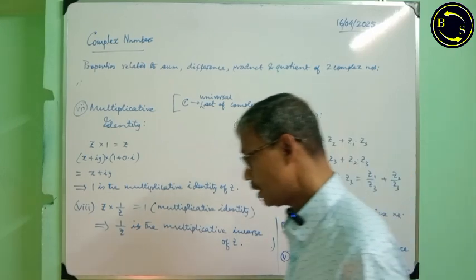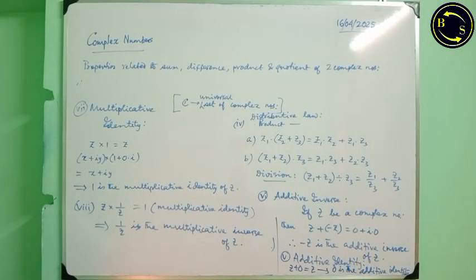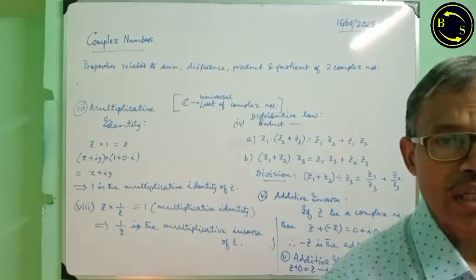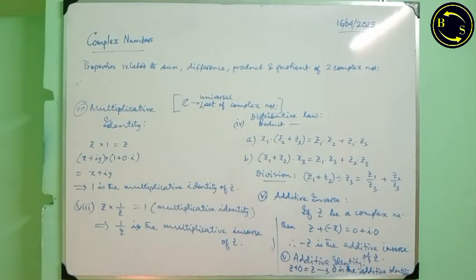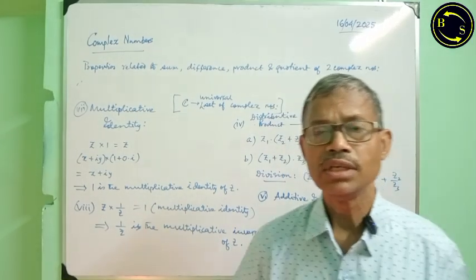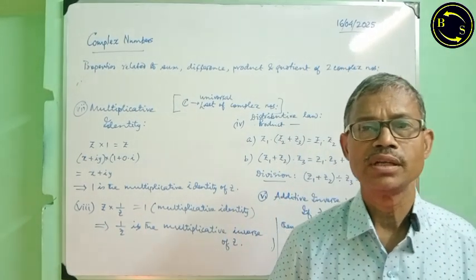Next item is the identities in case of number system, rather real number system learnt in lower classes. For example, a plus b whole square is equal to a square plus 2ab plus b square.